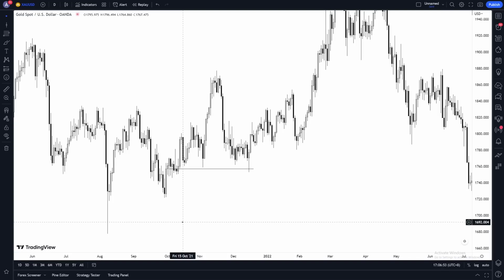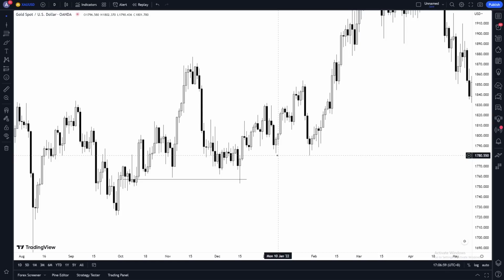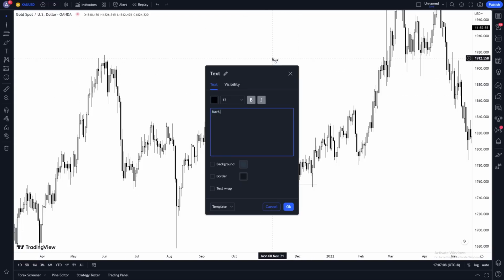Okay, so I'll tell you something, and I have a whole documentation of this entire journey, right? And I'll show you something. So first thing I like to do is this. I always like to prepare myself with the zones that are going to concern me. So when you're an intraday trader, write this down. Mark zones of concern. Okay, your zones of concern are going to be weekly, daily, fresh.